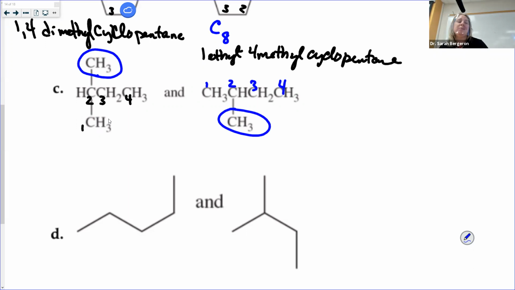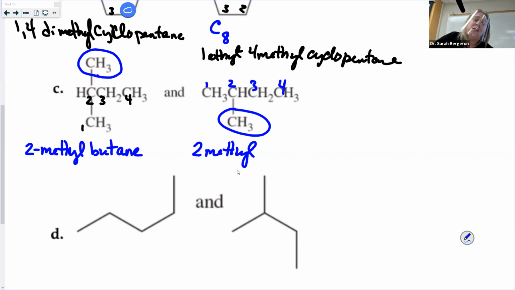So how would I name the first molecule? 2-methyl, 2-methyl what? Meth, eth, prop, but: butyl, but, and then ane. 2-methylbutane. How would I name the second molecule? 2-methylbutane.